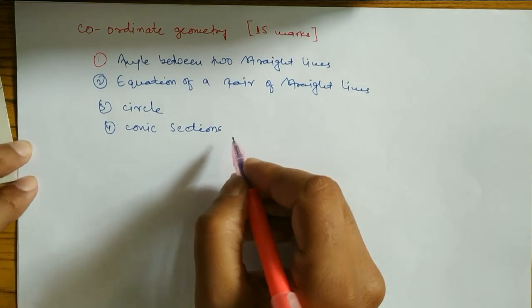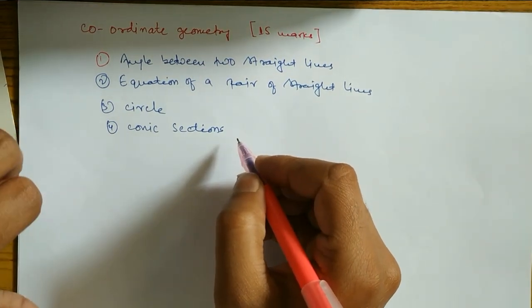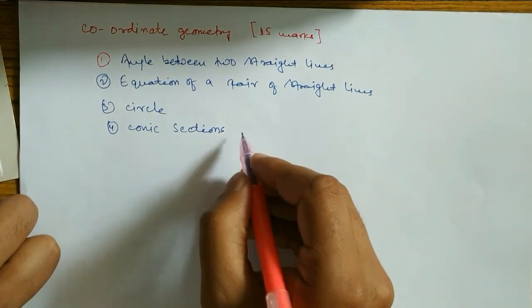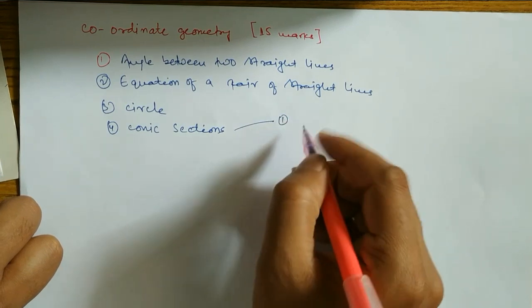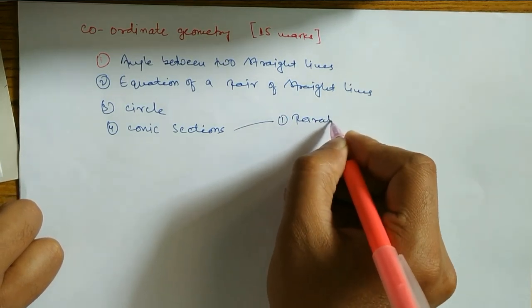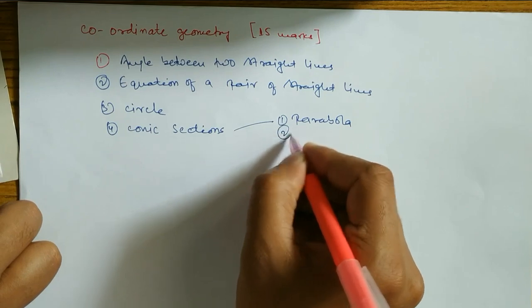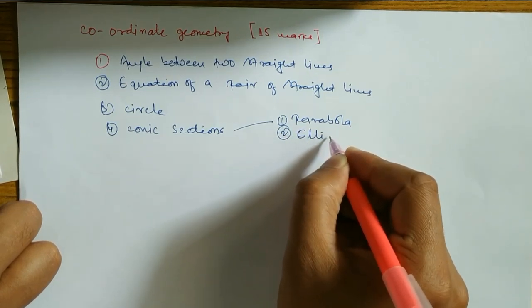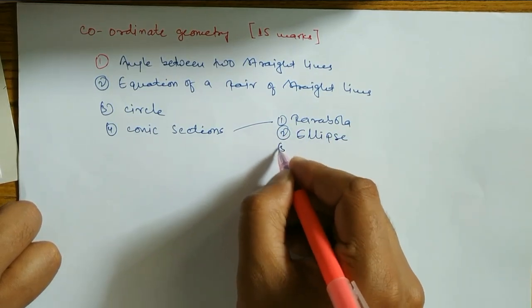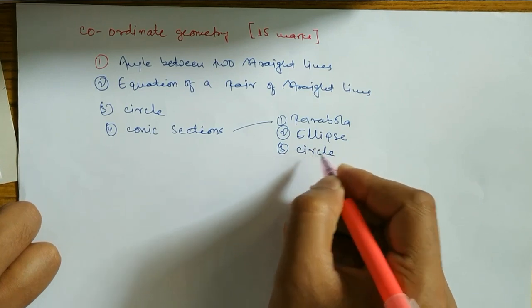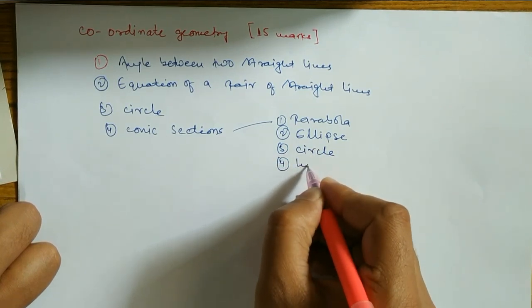Under conic sections, there are 4 types of conic sections. Number 1, parabola. Number 2, ellipse. Number 3, circle. And number 4, hyperbola.